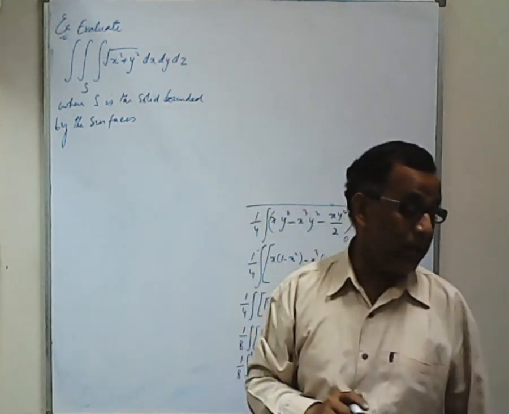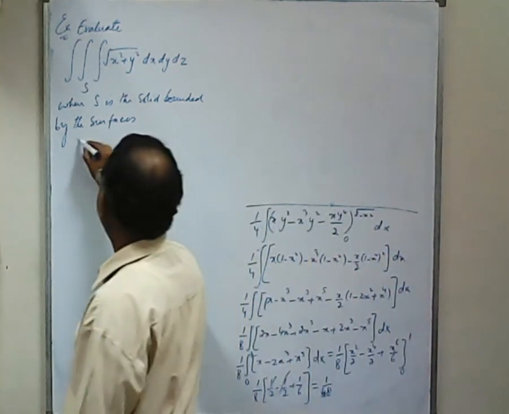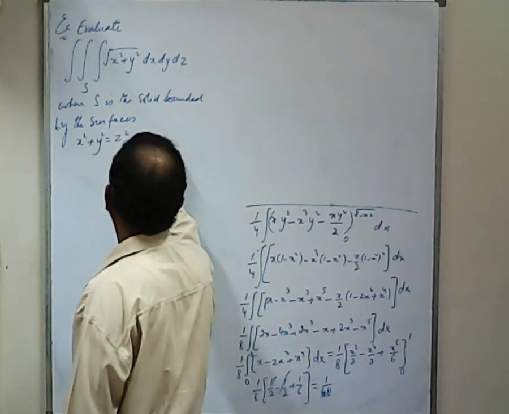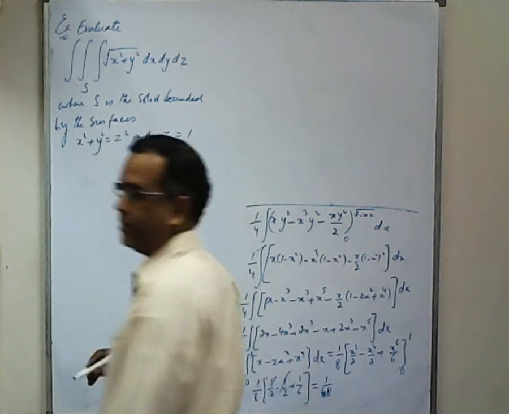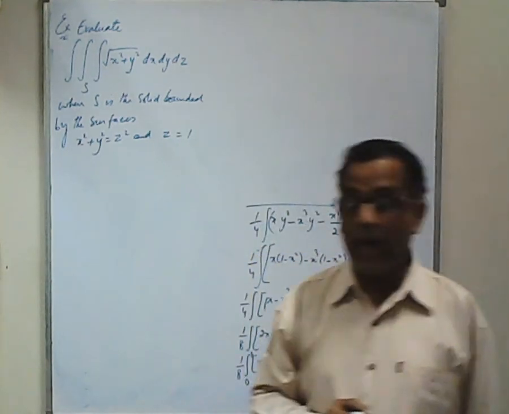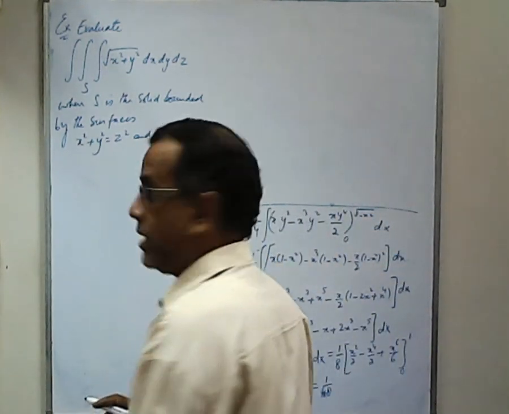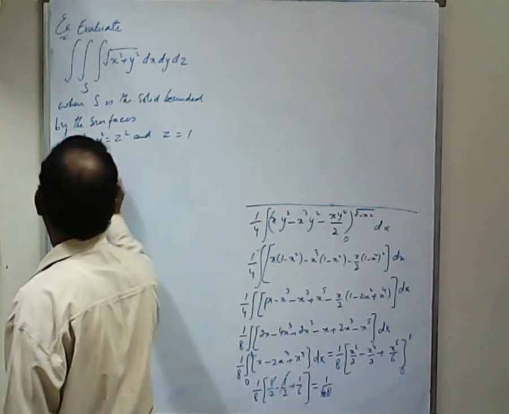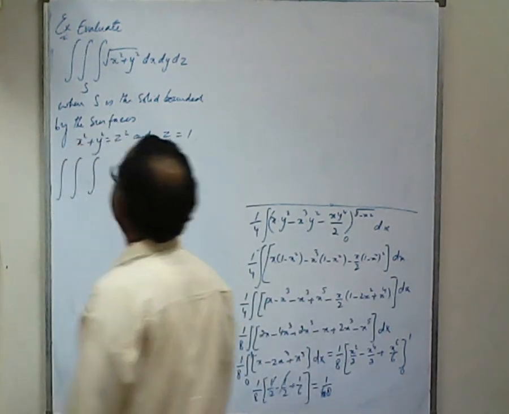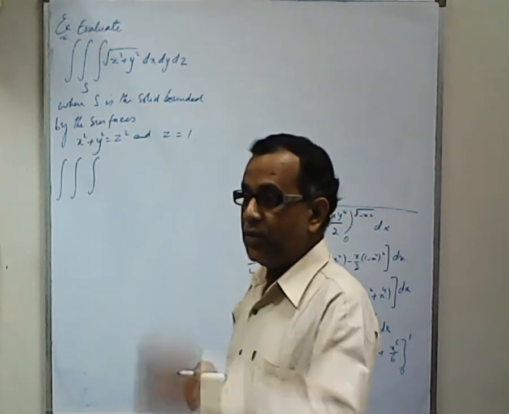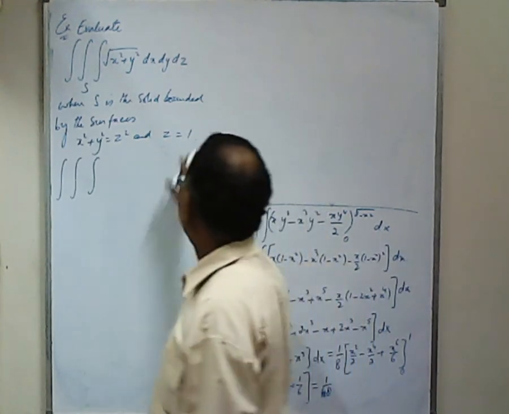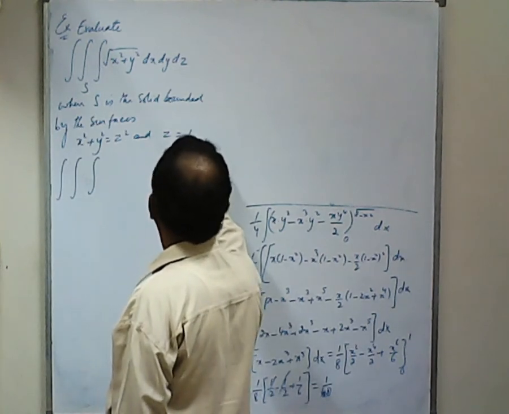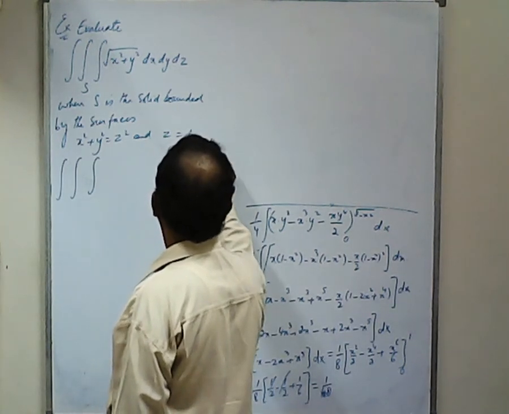The surfaces are x square plus y square equal to z square and z is equal to 1. These are the surfaces which are given to us. So let's try with respect to z first. So what are the limits? The limits are z equal to 1 and z square equal to x square plus y square.